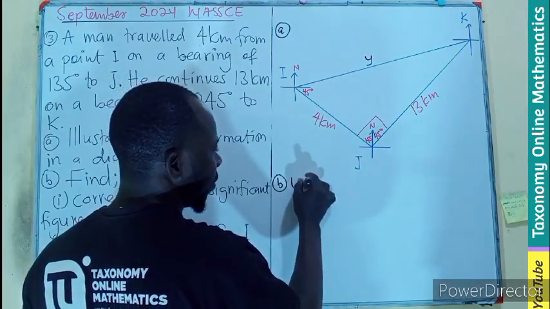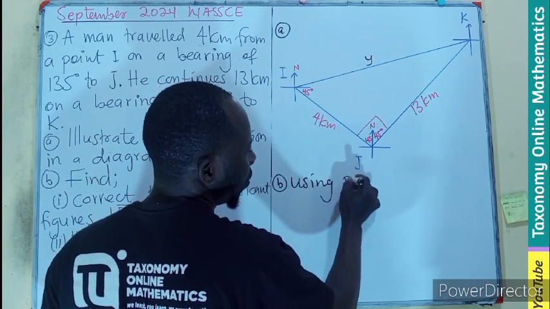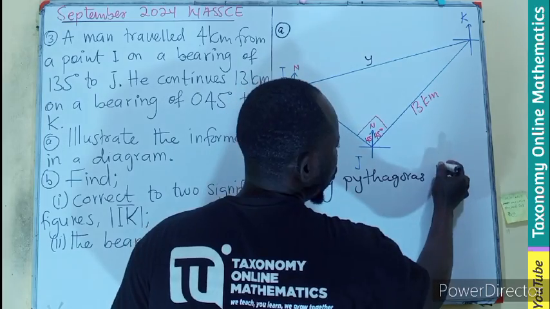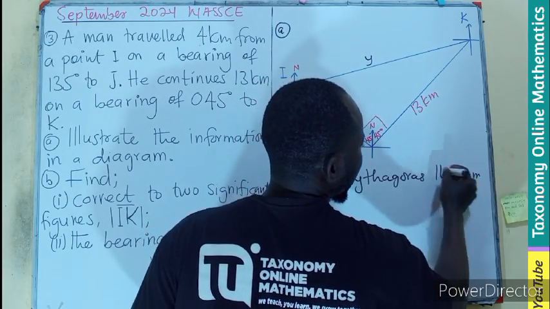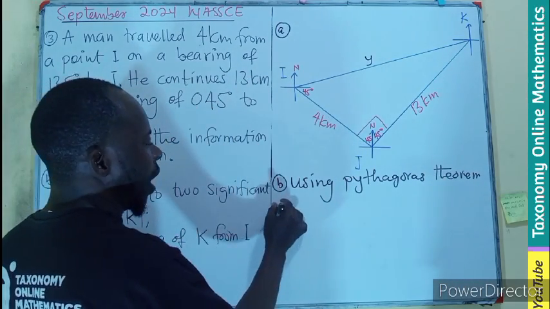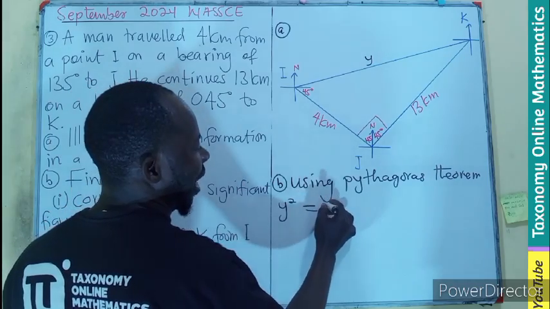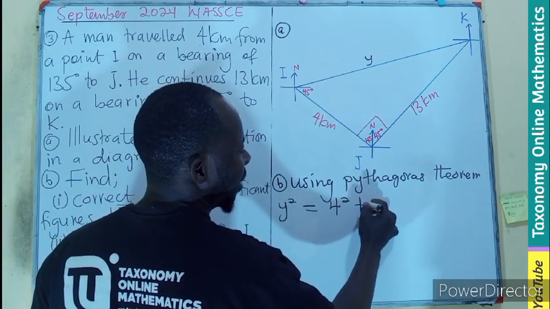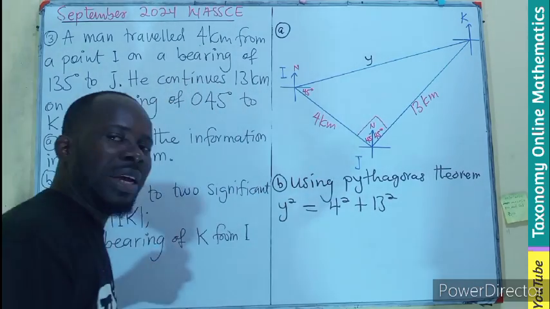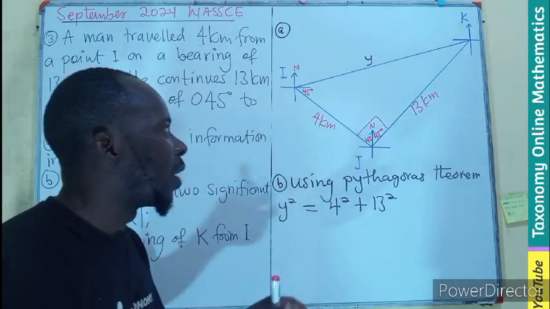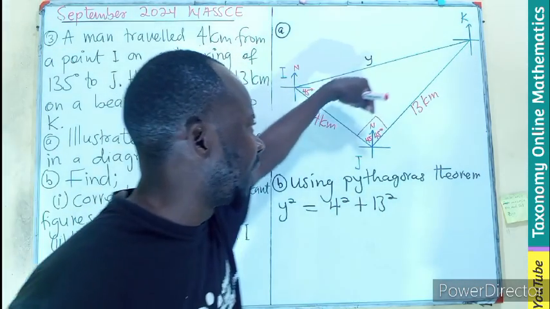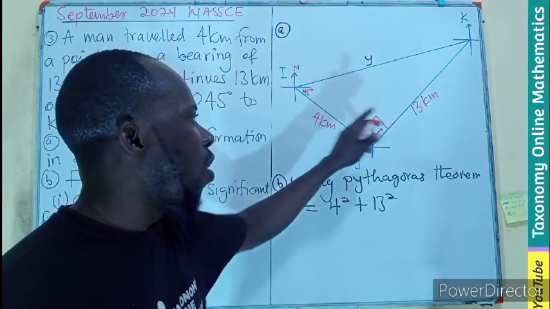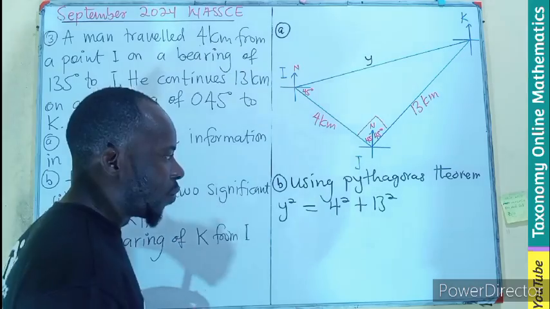So using Pythagoras theorem, we know the longest side square equals the sum of the squares of the two shorter sides. The longest side, the side facing the right angle box, becomes the hypotenuse. The squares of the other two sides will give you what you are looking for.